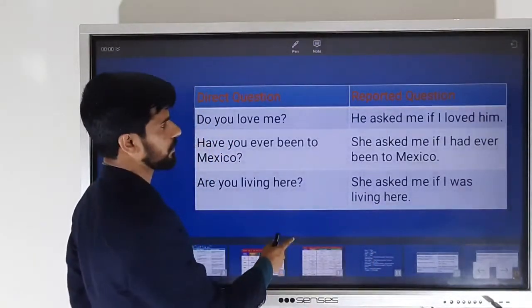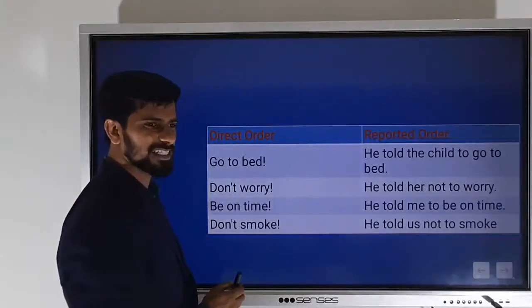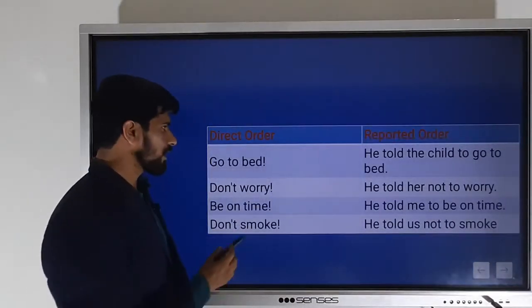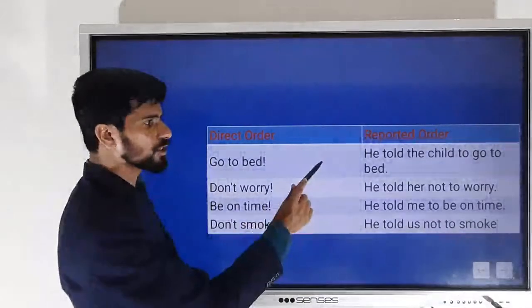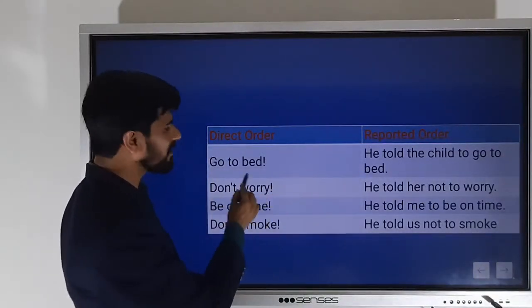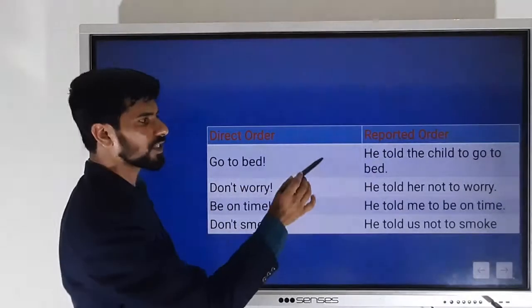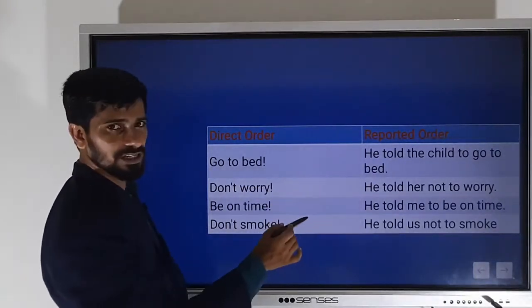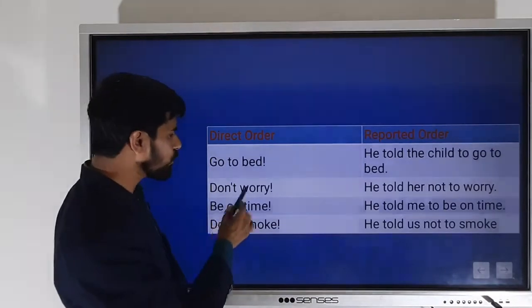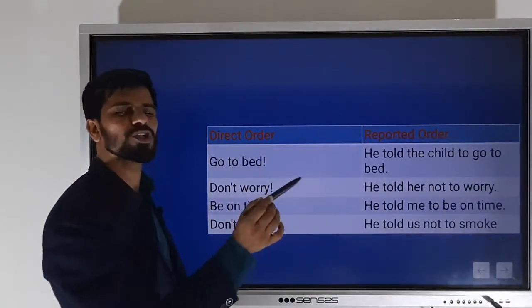Okay. And what changes take place when we convert an imperative sentence, as I said before, from direct speech? Go to bed. He told the child to go to bed. She asked the child to read the chapter. Don't worry. He told her not to worry.